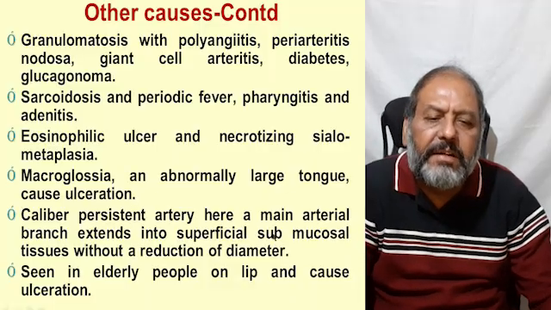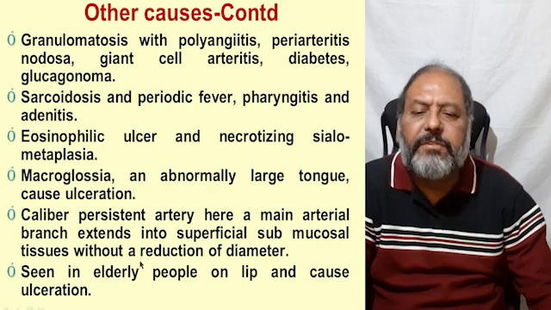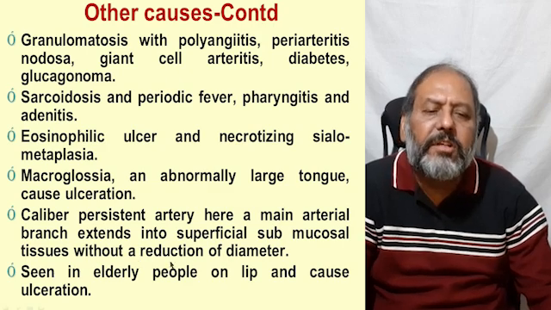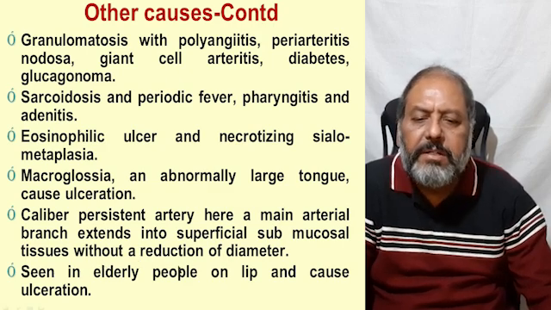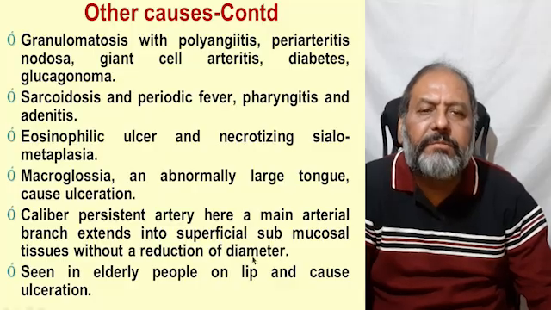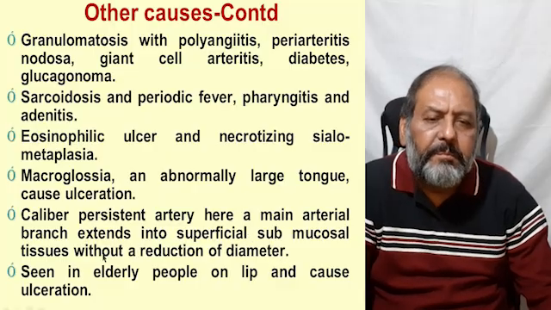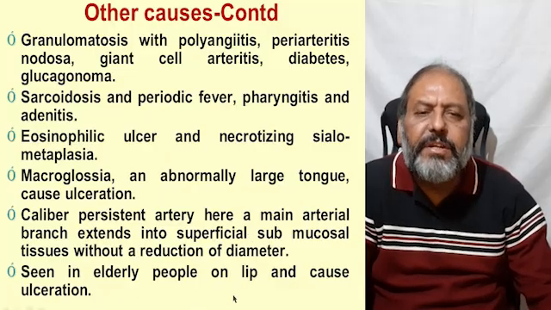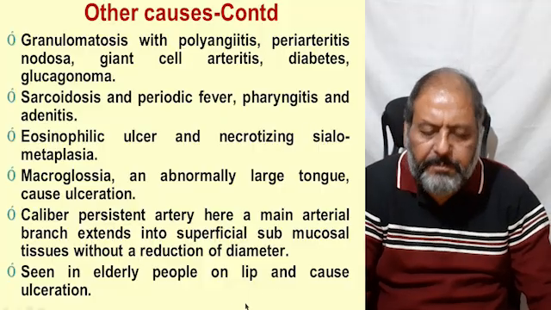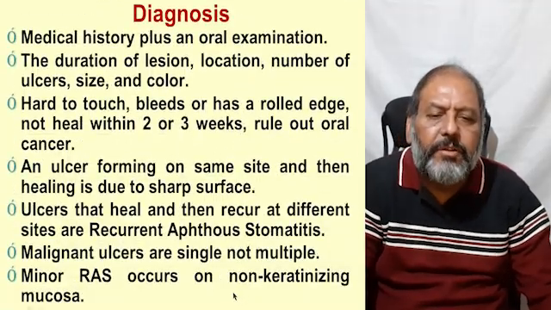Caliber persistent artery, where a main artery branch extends into the superficial submucosal tissue without reduction of diameter, behaves like an ulcer, is seen in elderly people on the lip, and causes ulceration.